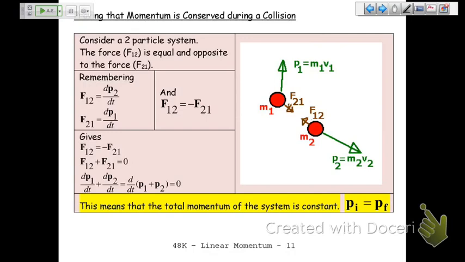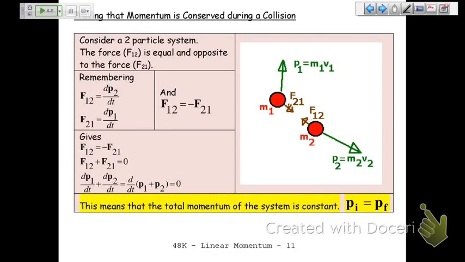You know, plus 6 added to minus 6 is 0. So if I sum them, they're 0. Express it in dp by dt: dp by dt for the first plus dp by dt for the second is d by dt of the first plus the second, and that must sum to 0. So what that says is that the change in momentum equals 0.